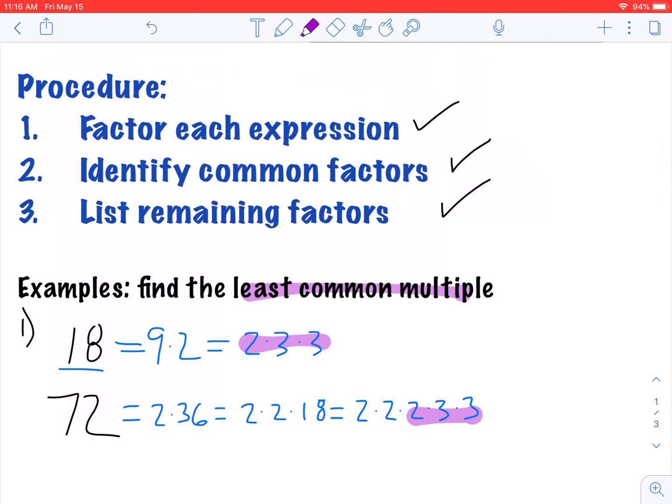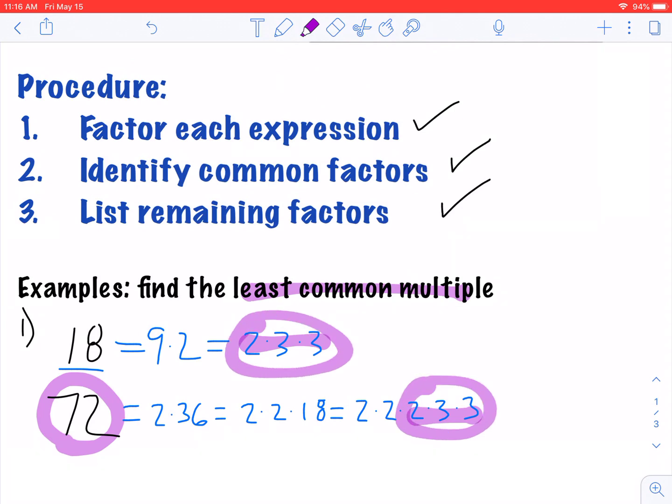So this is one of those scenarios that we see that actually the one number itself is going to be the least common multiple because they share a similar factorization. So in this case, we can conclude that the LCM then is equal to 72.